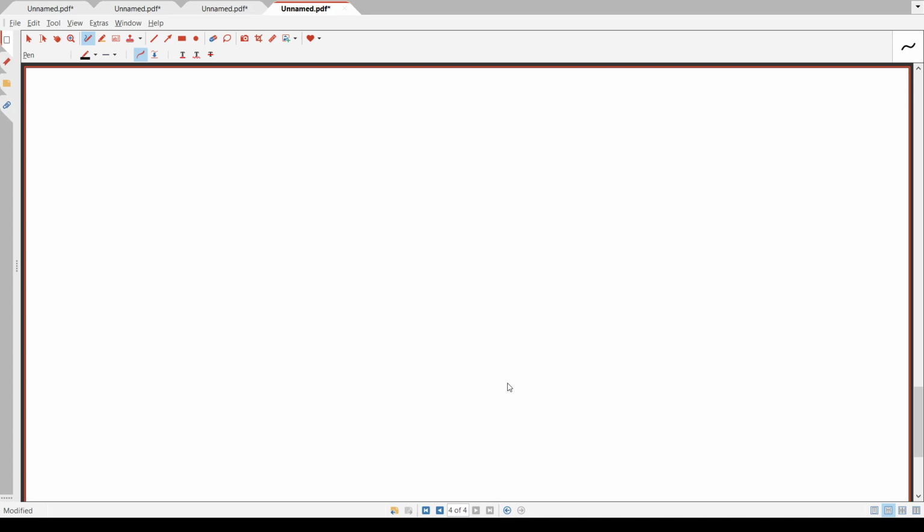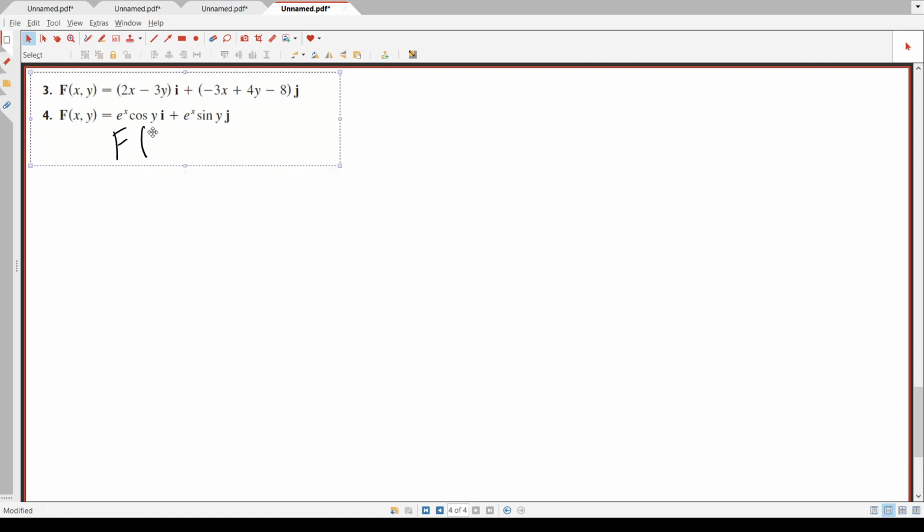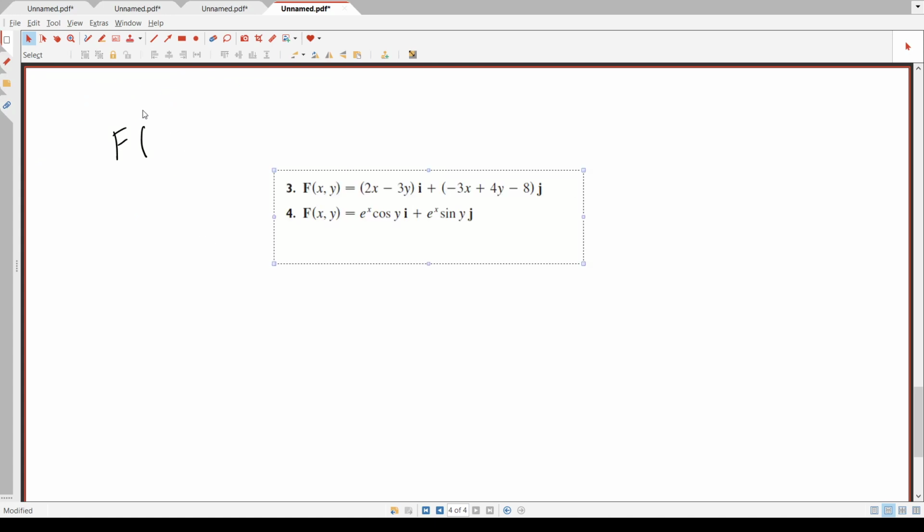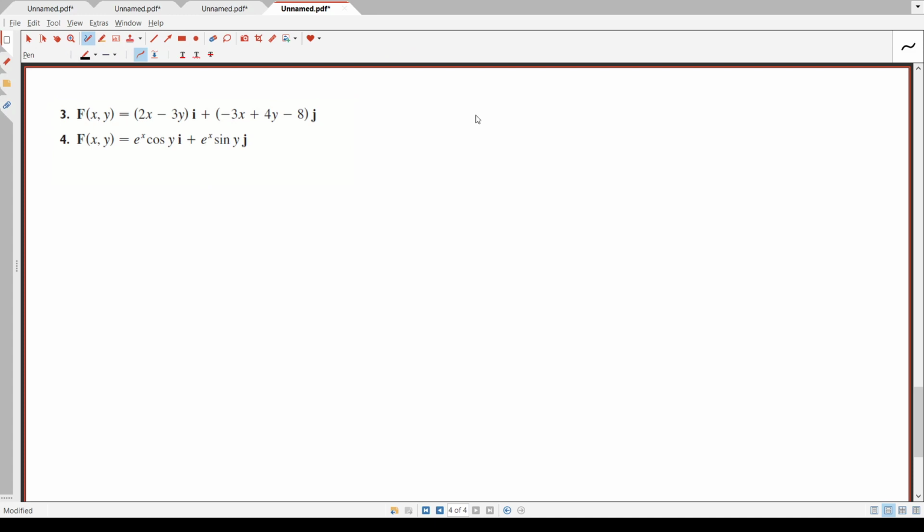Okay, so let's see a quick example and remind ourselves how to check if something is a gradient or not. I have two vector fields here, and I want to know which of these I can write as the gradient of some other function.